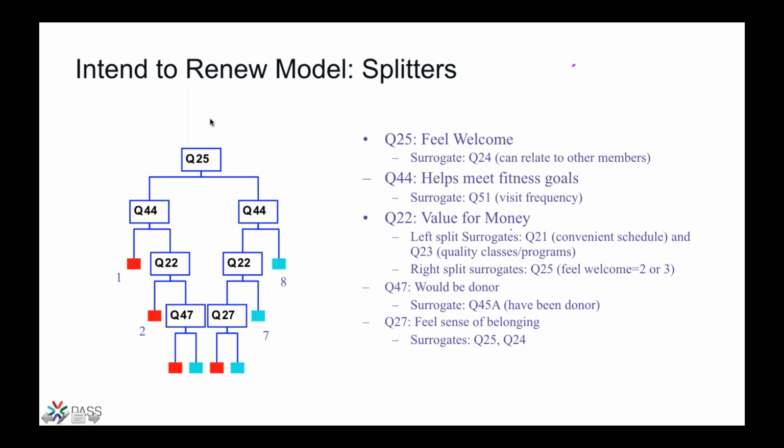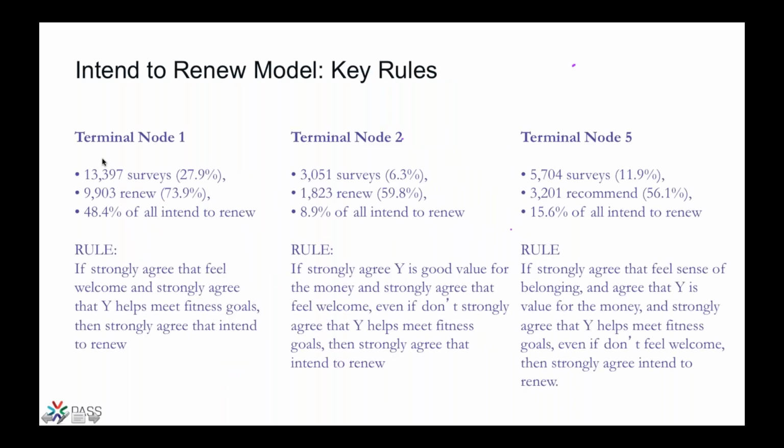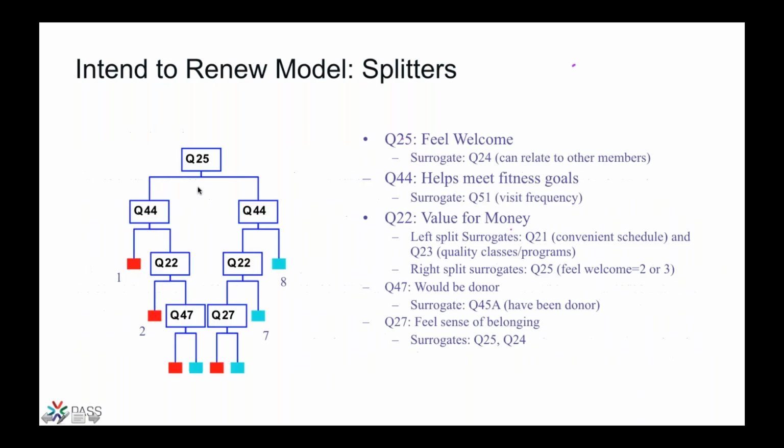If the question was referring to the next best, like the second, third, fourth splits, or when I talked about terminal node 1, terminal node 3, terminal node 5, the best way to describe intent to renew, the second best way, the third best way, those are just what comes out of the tree. These 1, 2, and then the next terminal node was down here. That's just what comes out of the tree organically.